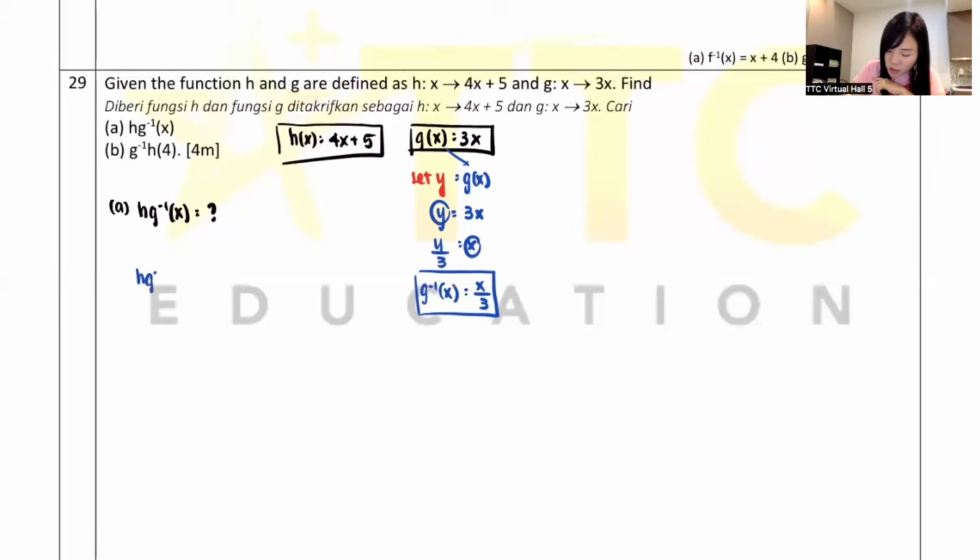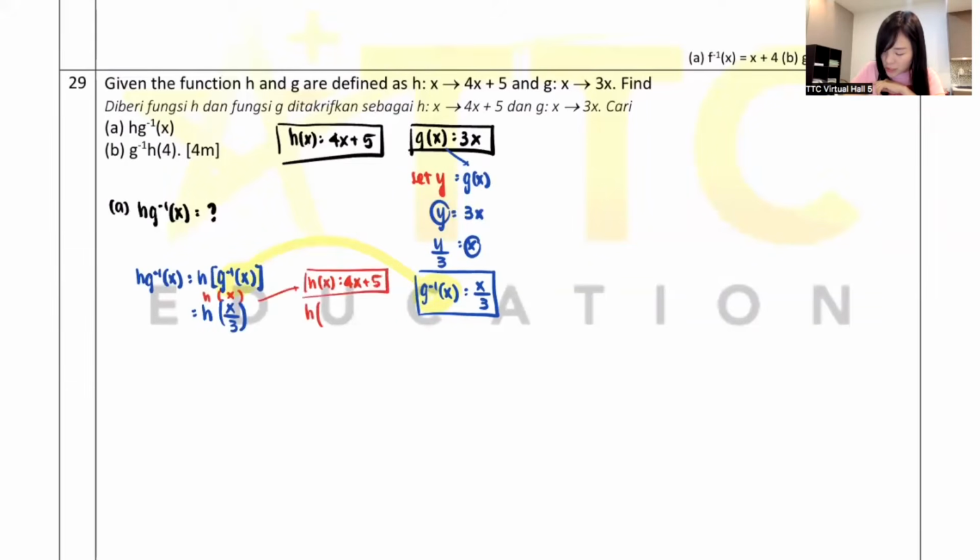How do I do hg inverse x? I repeat again, your first step is always to separate the composite function because you cross one by one. And then you always start from the inside one. The inside is called g inverse x, and the question already tells me it is x over 3. Until here, you cannot open the bracket because this is a name, and this name is called hx. So hx equation is supposedly 4x plus 5.